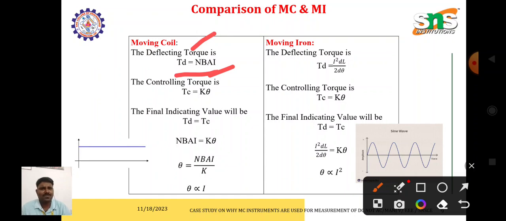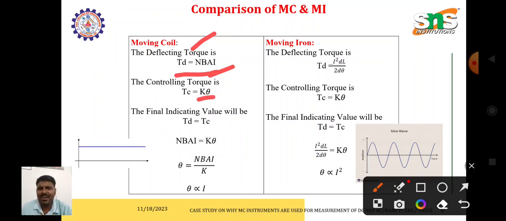N, B, A are all constant, and I is the only variable. The controlling torque is directly proportional to the deflection of the pointer, so we multiply by the constant K.